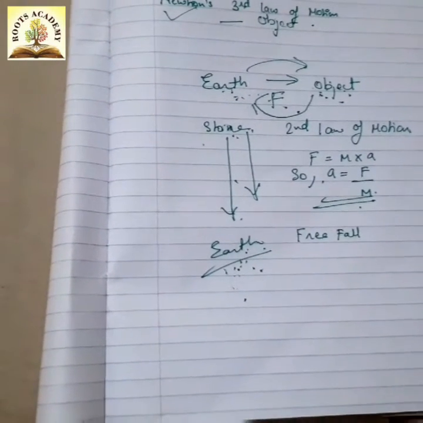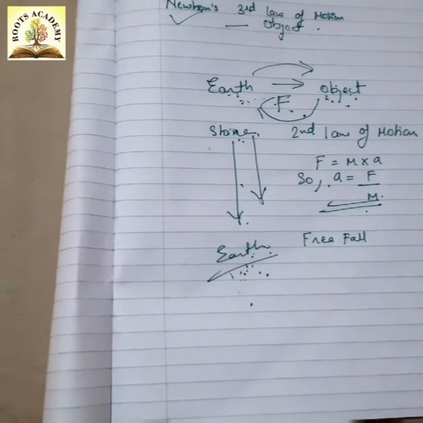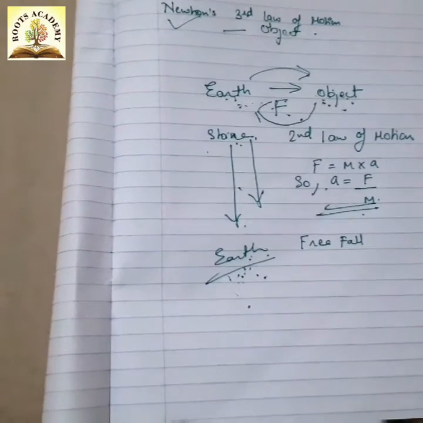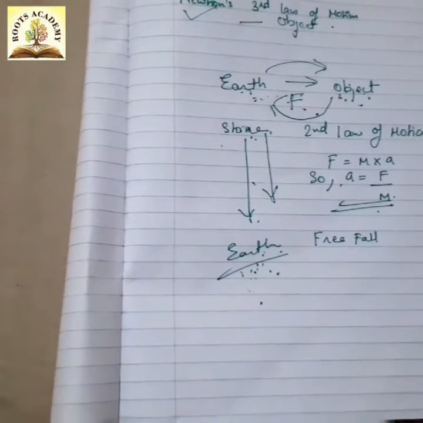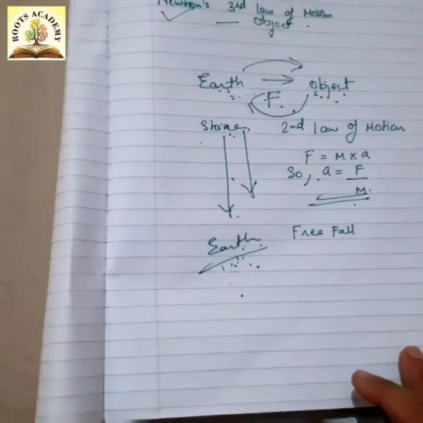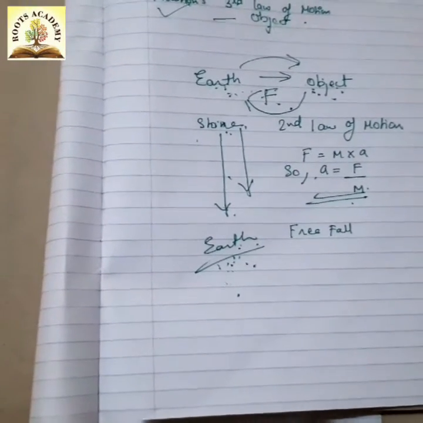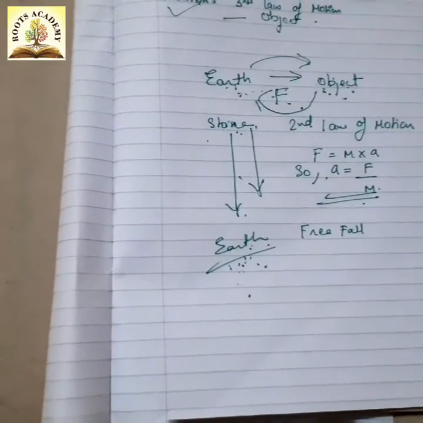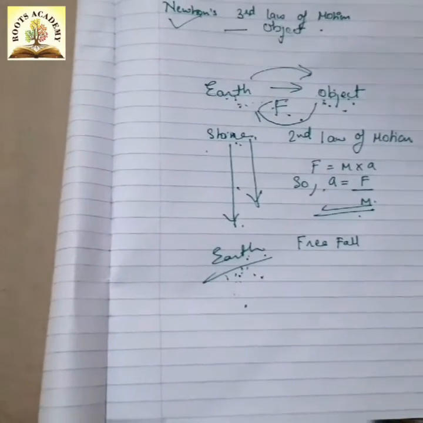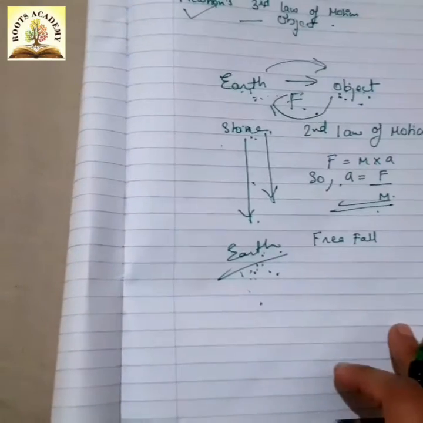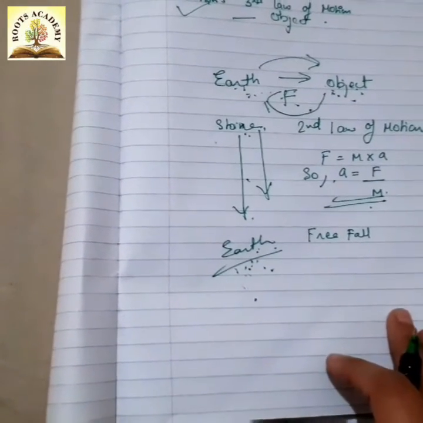For example, if a stone is dropped from a height, that stone is moving under the influence of gravitational force and coming down, that is called free fall. Or like bungee jumping. When you jump down, you are under the influence of gravitational force and coming down. Again, that is a free fall. That is called a freely falling body.